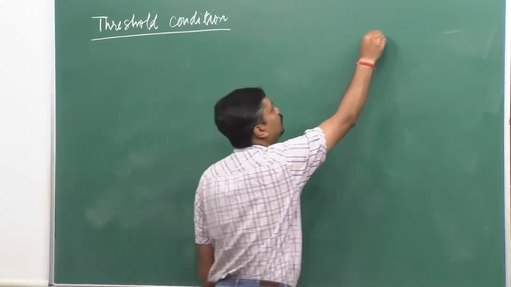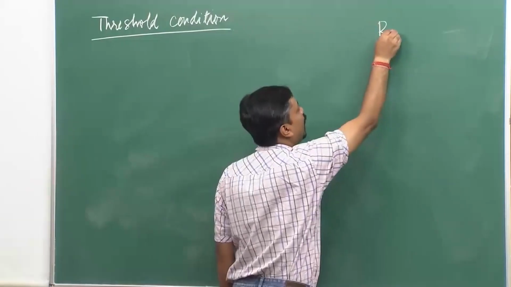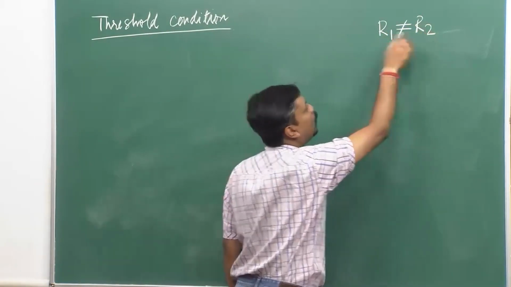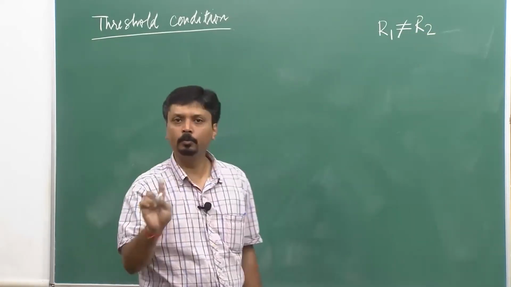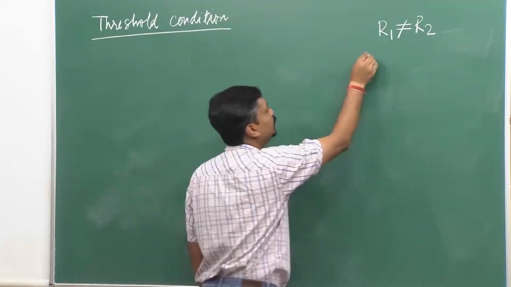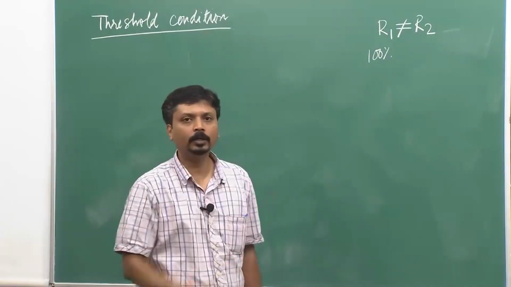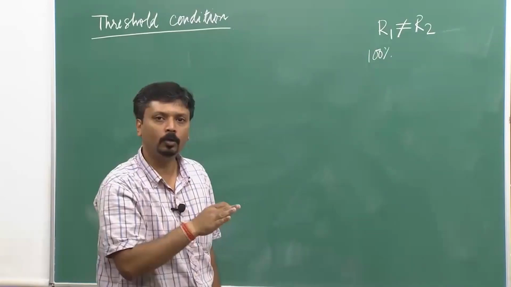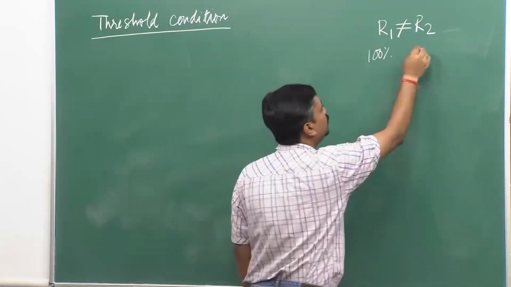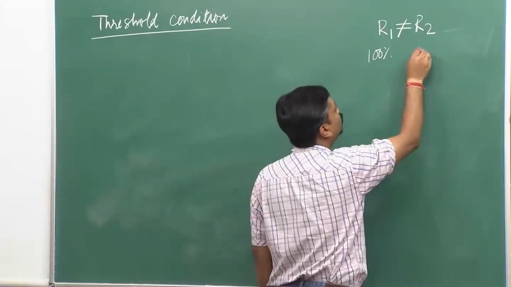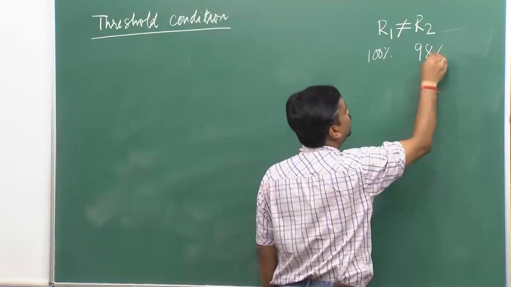I know that for a laser cavity R1 is not equal to R2, where R1 and R2 are the reflectivities of the two mirrors. One is 100%, I will assume 100% here, because I am already taking care of the losses, which are known to me, so we should not doubly count it, and R2 say 98%.